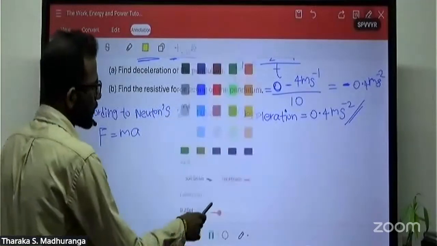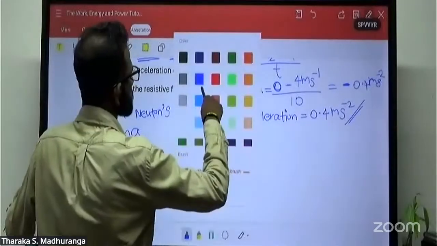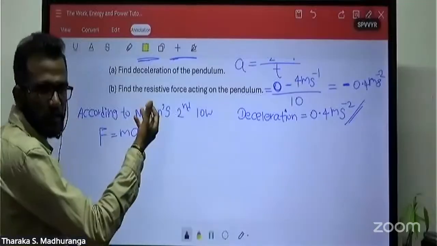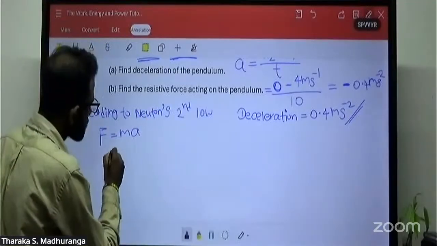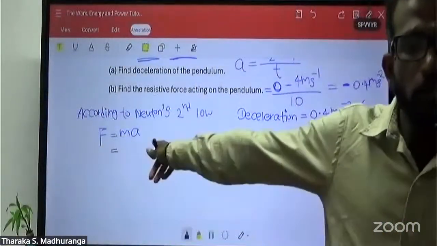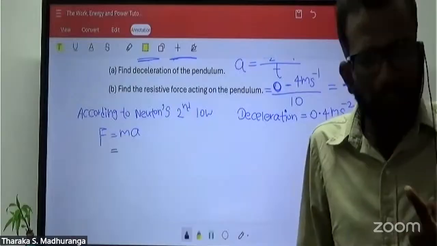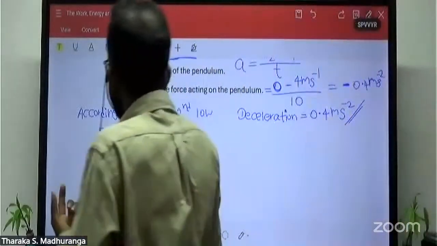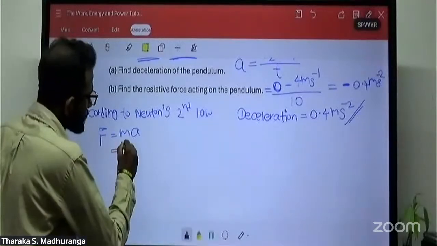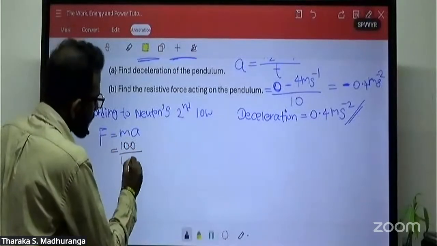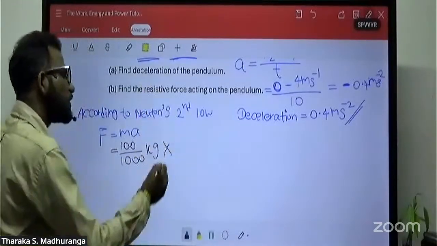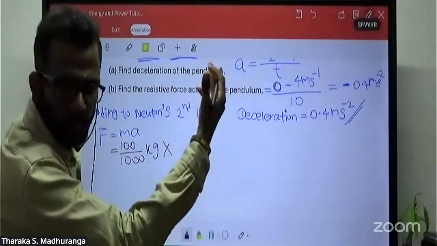Then the external force is actually what is being asked. What is the mass? For this question, Kabir, I got this question. The mass is important. For the first question, we don't need it. The pendulum mass is 100 gram. Then divide by 1000 to convert into kilogram. Then the acceleration, or rather the deceleration, means minus acceleration.